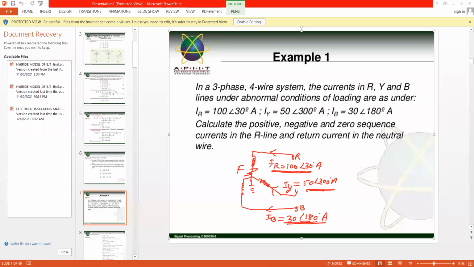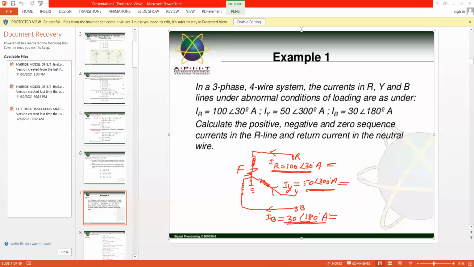That means asymmetrical current, or unbalanced current, is flowing through this particular system. So we have to convert these asymmetrical quantities into symmetrical form.